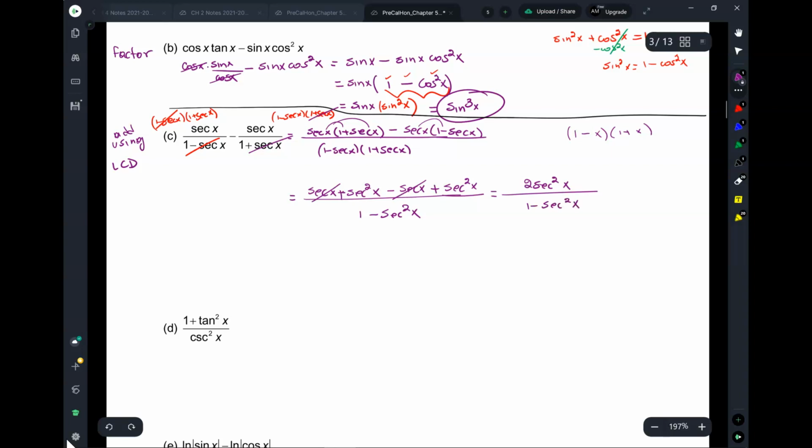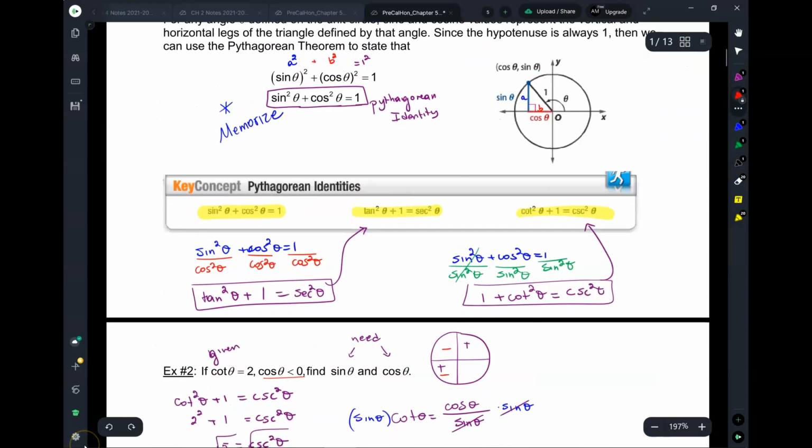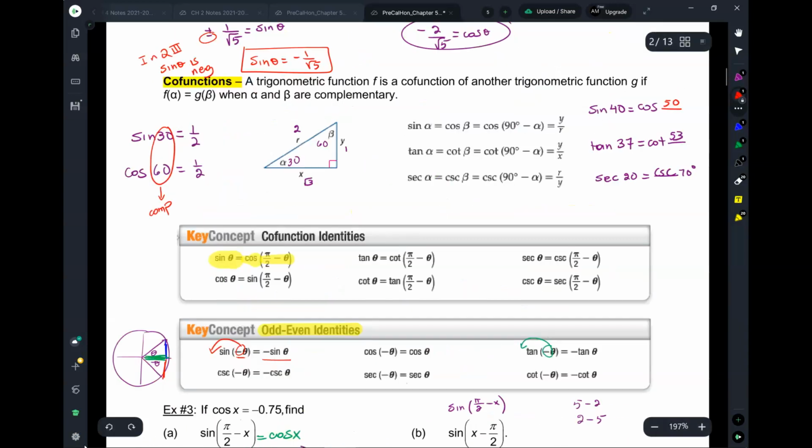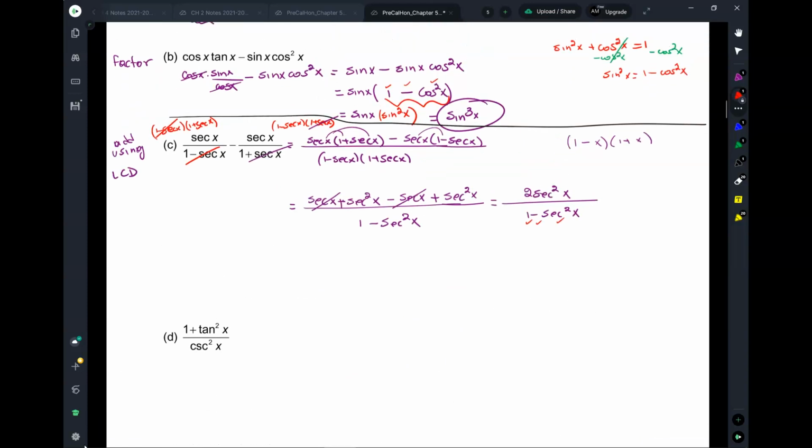Okay. What do you think we can do about that denominator? What does that remind us of? The Pythagorean identities. Look, because you have a 1 minus something squared. So let's see which one has a secant squared. Oh, look, it's this one. Tangent squared x plus 1 is equal to secant squared x.